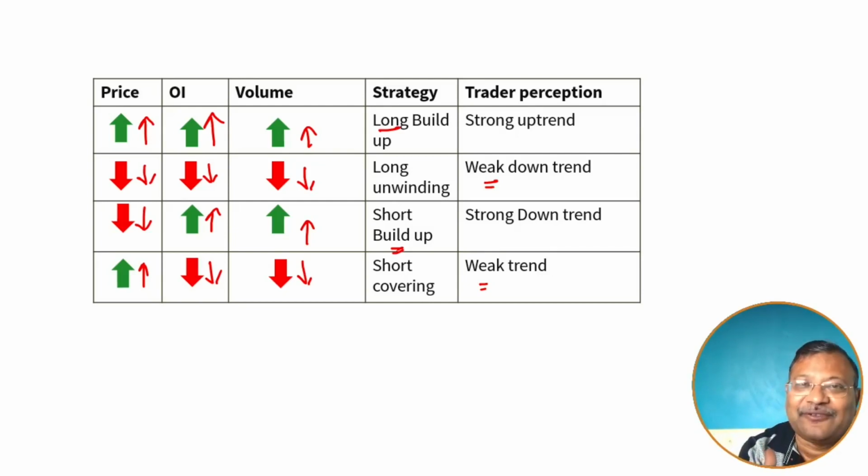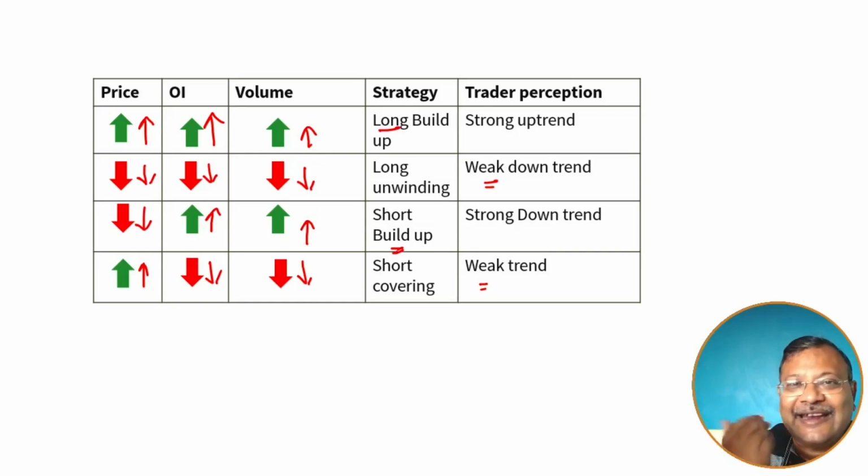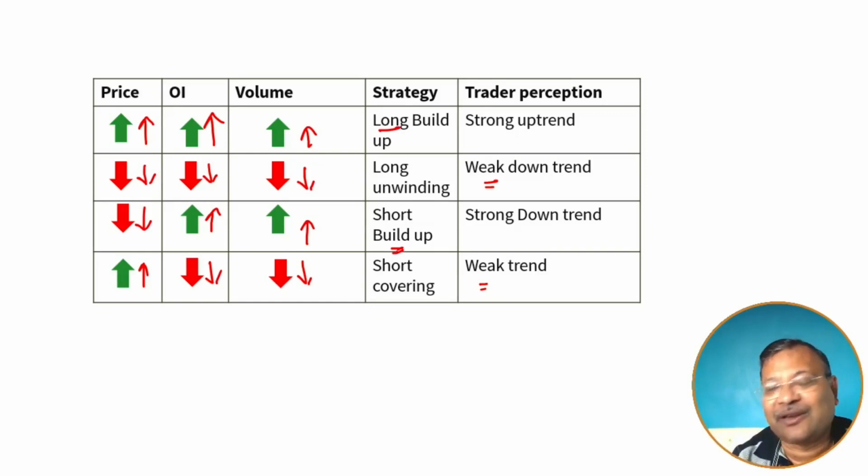So if the price is going up, open interest is going up, and the volume is also going up, that clearly indicates that there are a lot of people coming in on the buy side. And if the stock price is somewhere at that price, you know that it is going to touch that level now. Right?